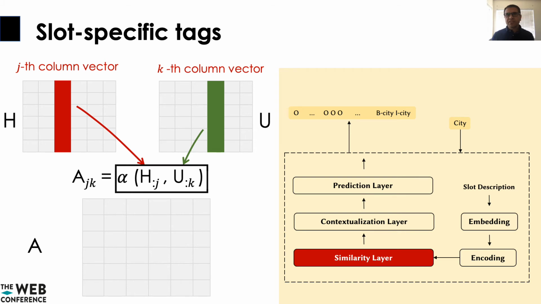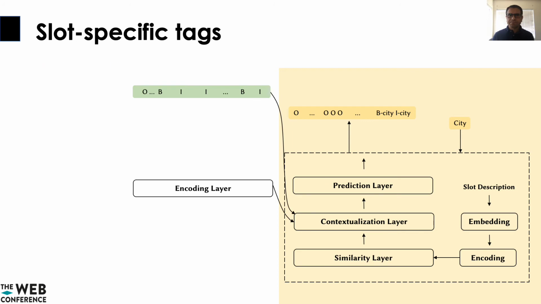And alpha is a trainable similarity function that can be thought of as a multi-layer perceptron that captures the similarity between jth utterance word and kth slot word. Similarly, the whole matrix A can be computed.